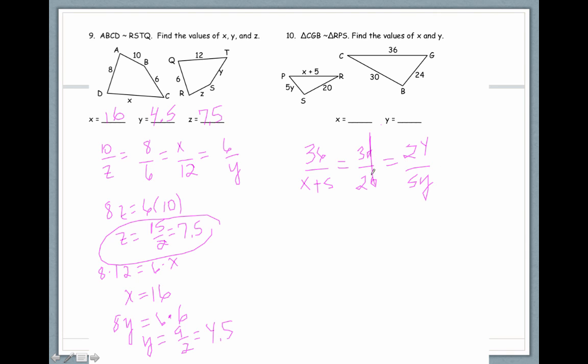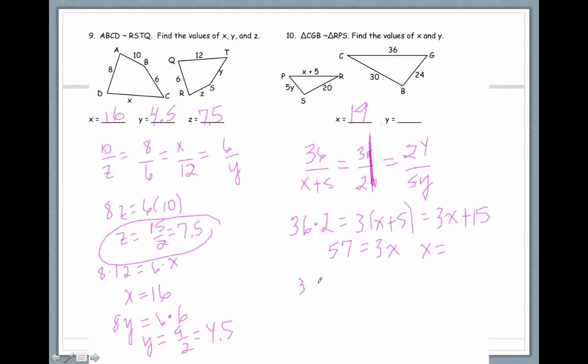Okay, so this one equals 3 halves, so let's simplify our lives right there by that. So 36 times 2 equals 3 times X plus 5 equals 3X plus 15. So 72 minus 15, 57, equals 3X. X equals 19.